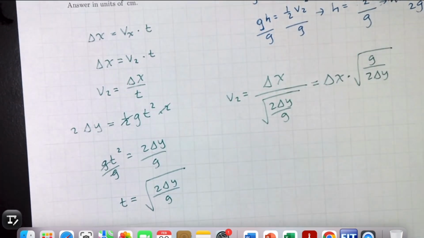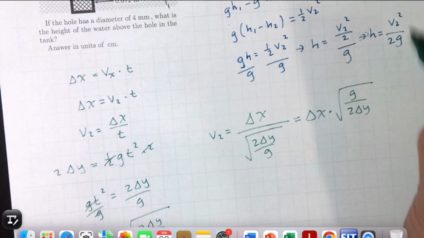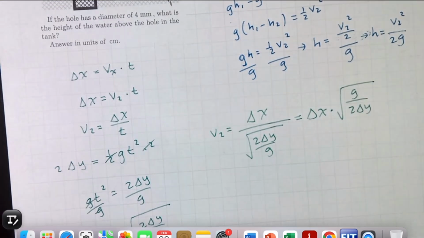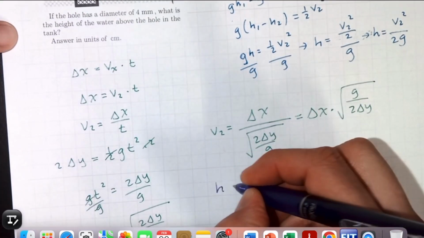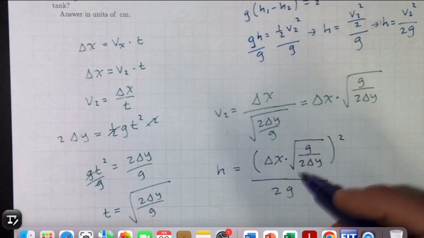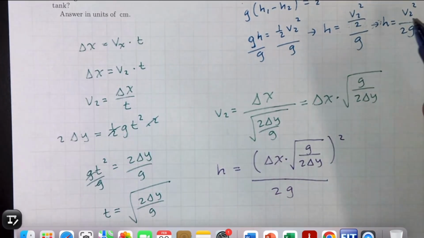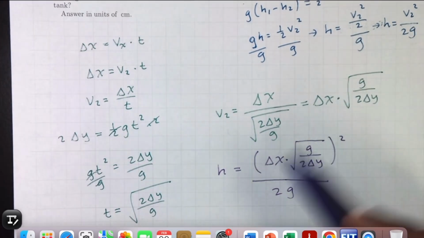There you go. So now we can combine this one and this one. I'm going to use purple as the combined equation. So this is velocity 2, and velocity 2 had to be squared. That's why you have it like that.